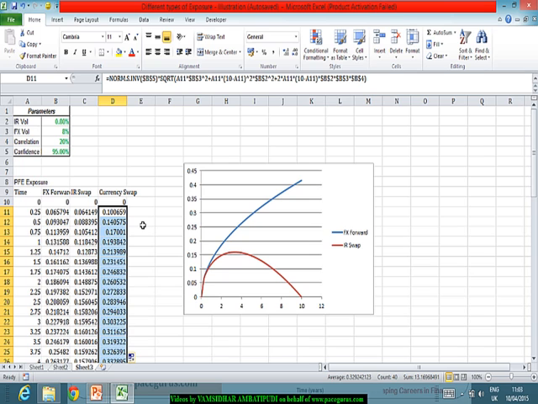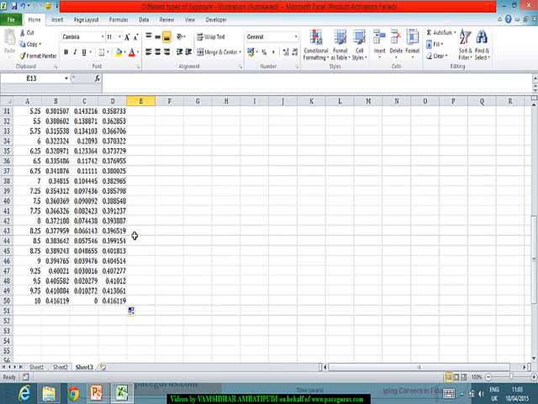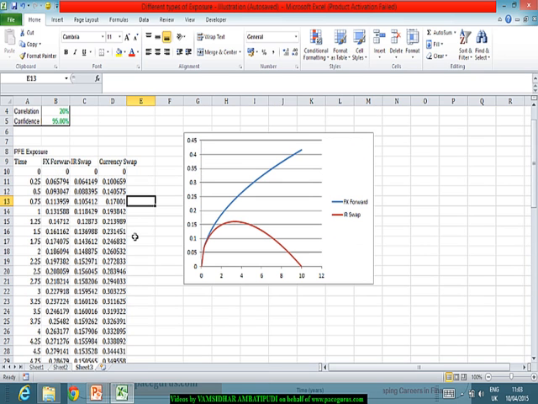Now, based on the correlation between the two, I am getting this value.